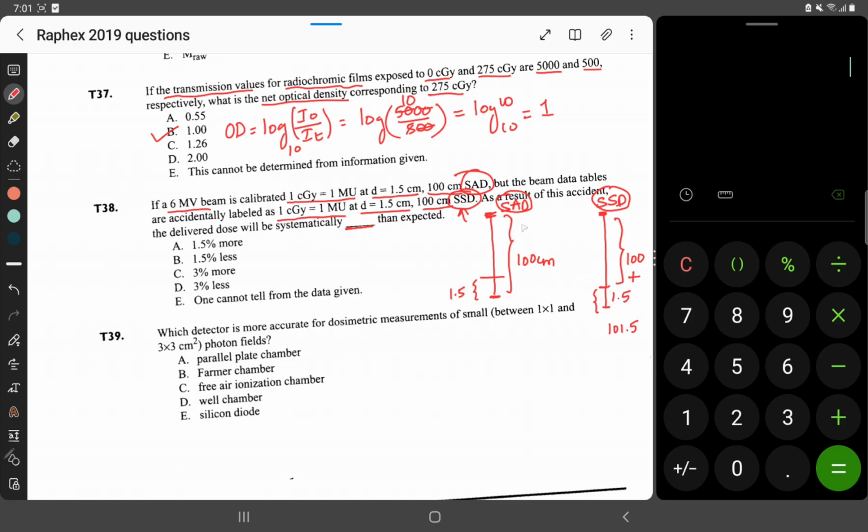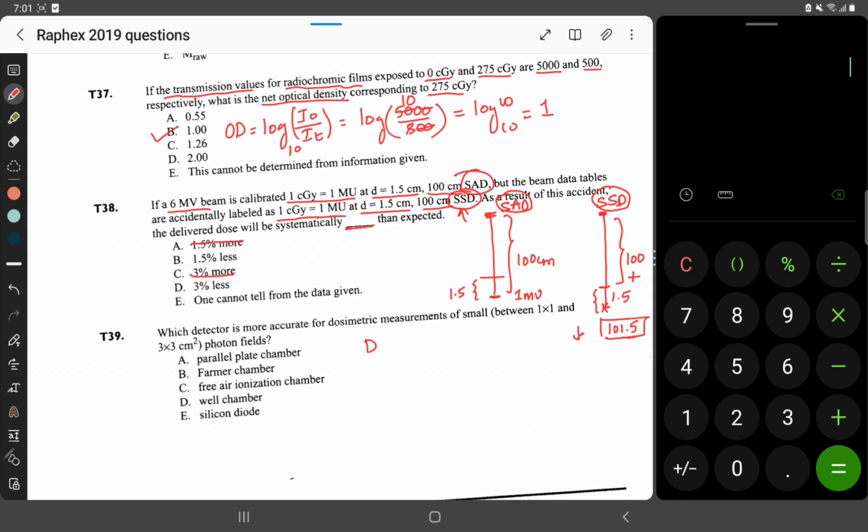So since the machine is delivering 1 MU at 100 centimeters, what will be the dose at 101.5 centimeters? That will obviously be lesser. So we have ruled out more, it won't be more, it will be lesser. Now it will be 1.5% lesser or 3% lesser.